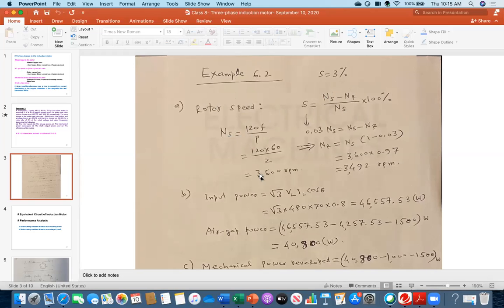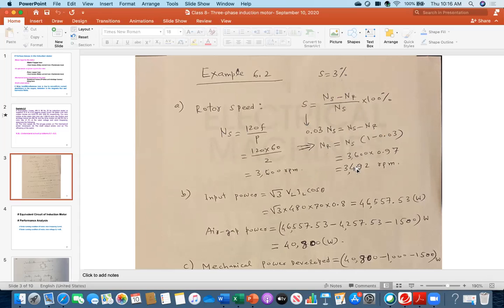I am calculating ns as 120 f over P. So 120 multiplied by frequency 60 gives 3600 RPM. Then in the slip equation, substitute the values. Slip was 3%, so I am plugging in 0.03, and the ns value you will get from here. If you manipulate, then the nr value is 3492 RPM.